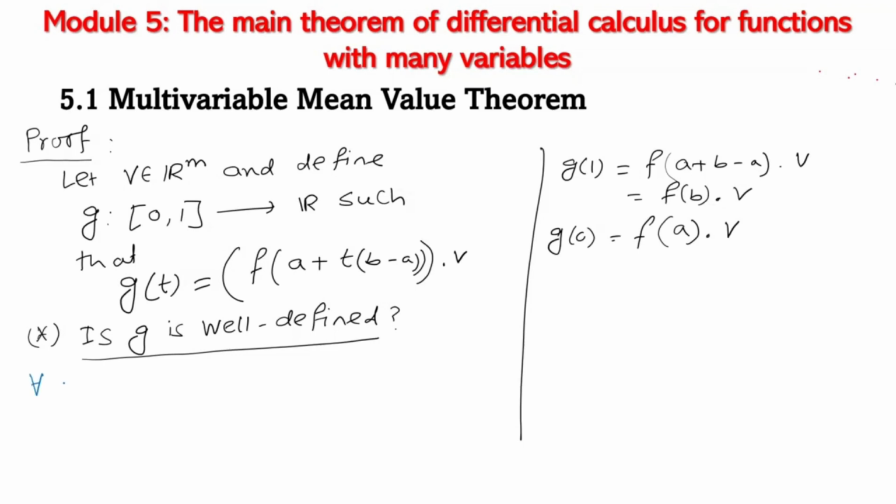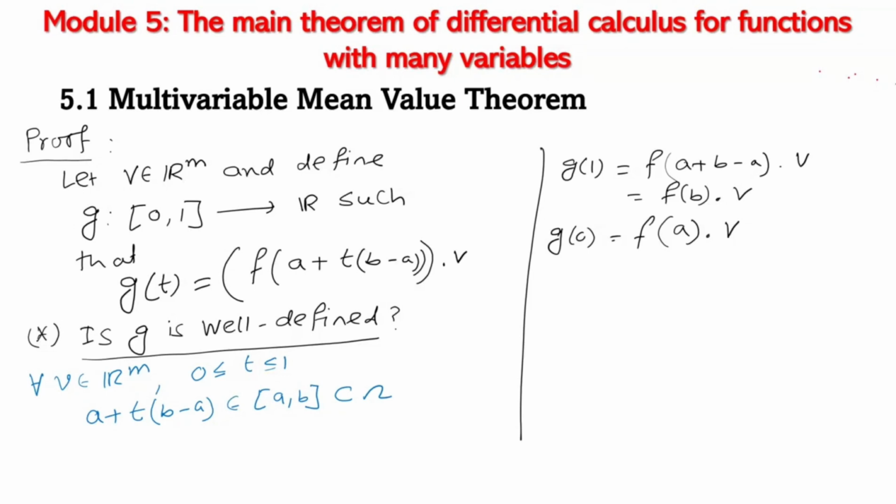For all v in R^m and 0 ≤ t ≤ 1, A + t(B − A) belongs to the closed interval AB, which is a subset of Ω as given.